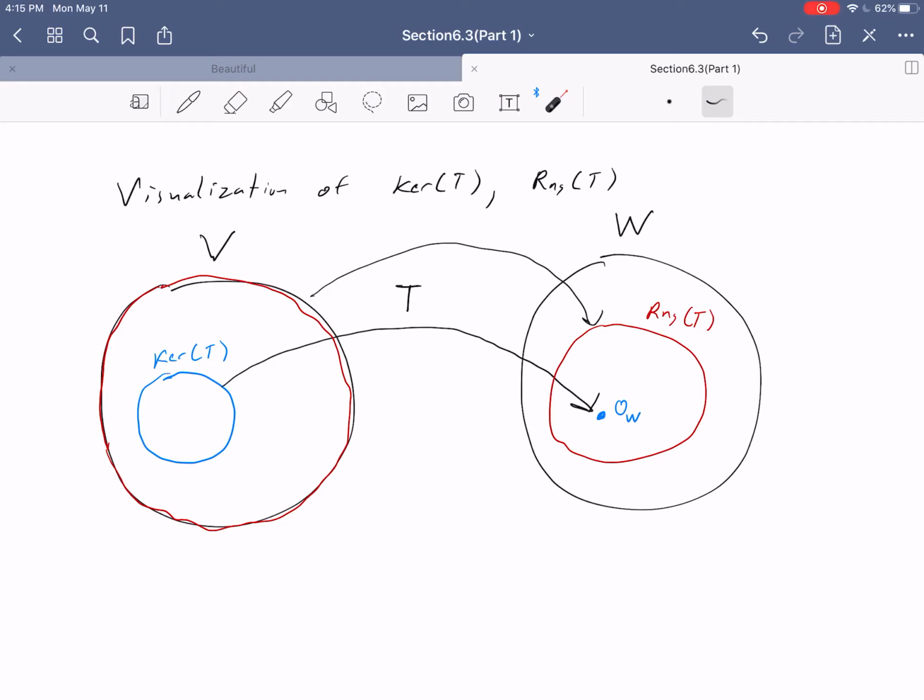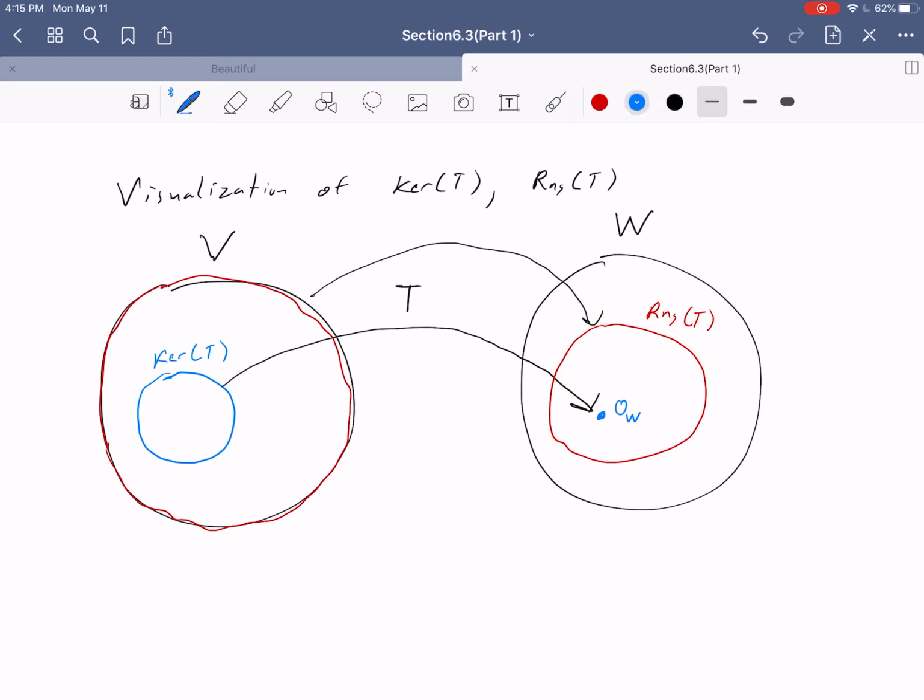You'll also notice that in my visualization, my 0_W must be inside the range, because we know that there are these things over here that get condensed into that zero vector. So that zero vector is certainly inside the range, which should make sense, because one of the things that must be true of any subspace is that the zero vector must be in there. So of course the zero vector in W is an element of the range of T.